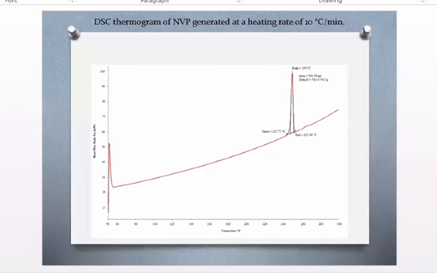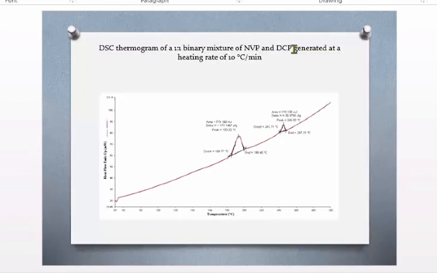When I combined this with dibasic calcium phosphate, DCP, I see that on the thermogram, I've got two peaks. Obviously, this one belonging to the new material DCP, and then the other one belonging to nevirapine.